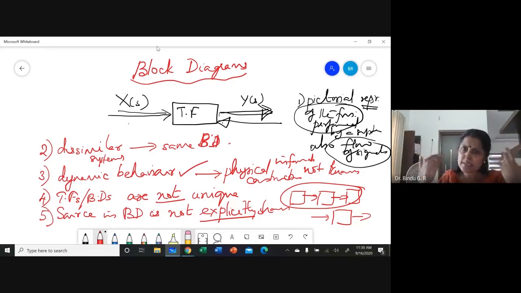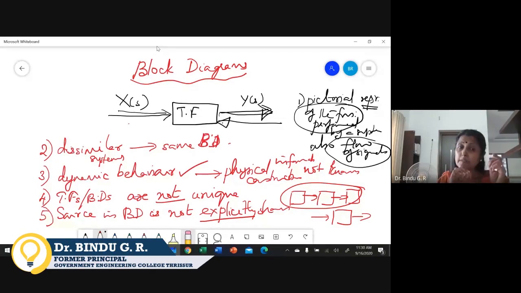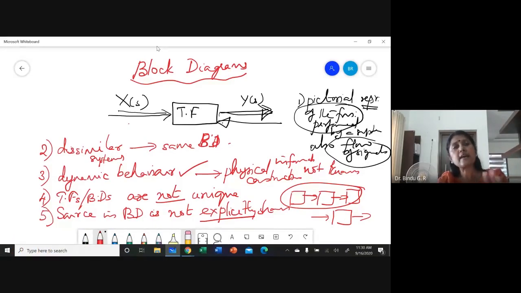So this is what I want to explain regarding the transfer function. It's a pictorial representation, as you already know, of the functions performed by the system, each component in the system, as well as the flow of signals. Second, many dissimilar systems can have the same kind of block diagram, which means I can say that this block diagram can be of a mechanical system, with 1 by s plus 1, etc. inside.